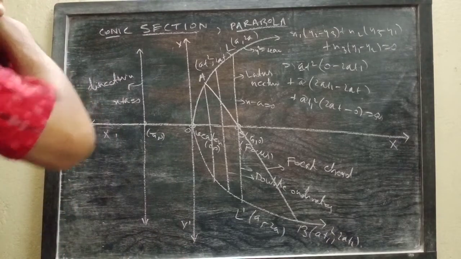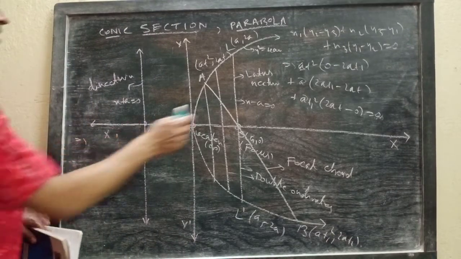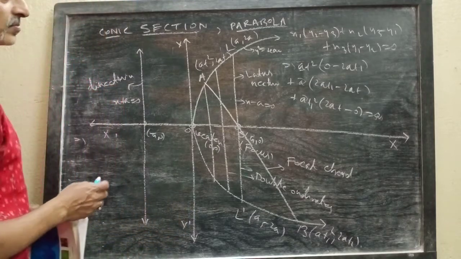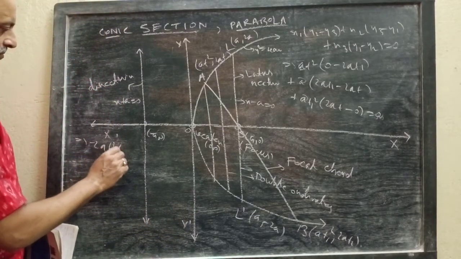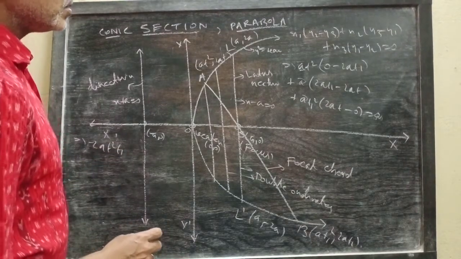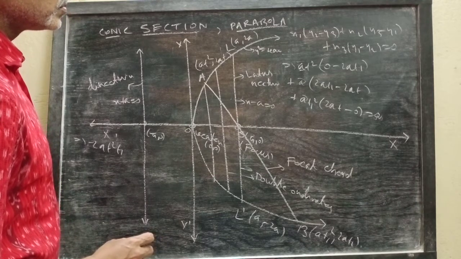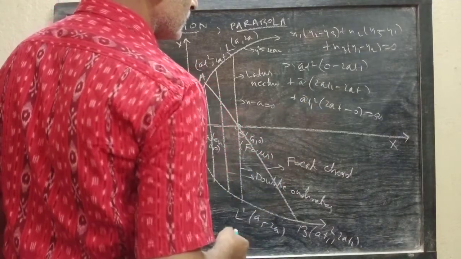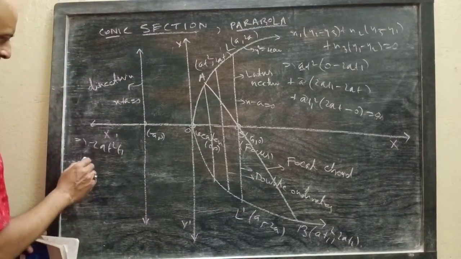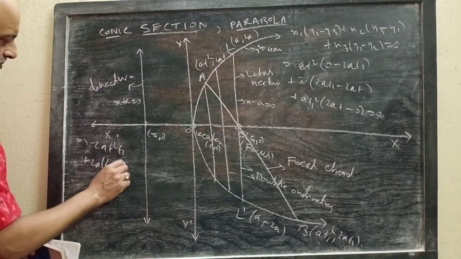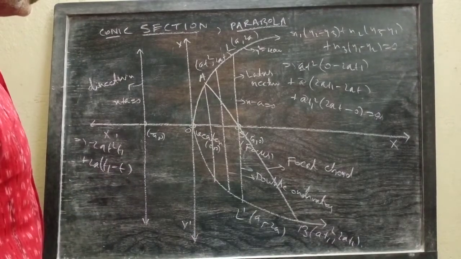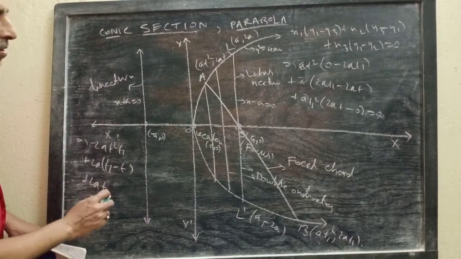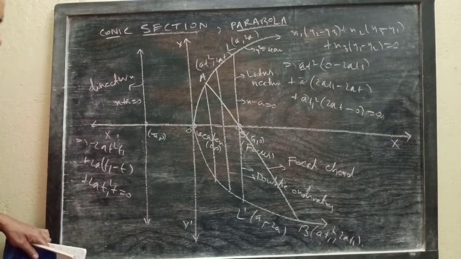It becomes minus 2a t square t1, plus 2a (t1 minus t), plus 2a t1 square t, equals 0.